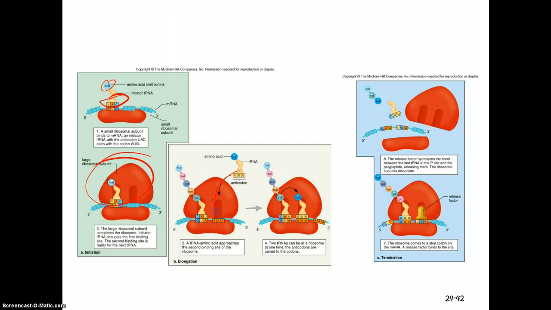It's going to start adding amino acids from the next tRNA molecule to come in, until we start getting this chain, and it's just going to be this cycle of one tRNA to the next, building this chain of amino acids that's going to become a protein.